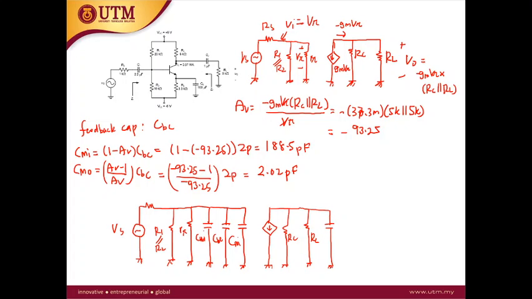We have the CWO, we also have the CCE, and then lastly we have the CMO. This is the equivalent circuit at high frequency, sorry, not cutoff. Next we do the analysis to get the high cutoff frequency.